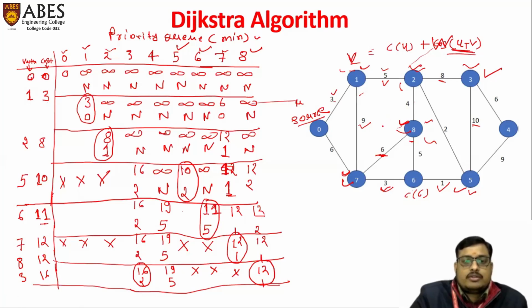So it will be the cost of 3 plus the weight from 3 to 4. We can see here the weight of 3, 4 is 6, and the cost of the vertex 3 is 16. So 16 plus 6 is 22, and we already have 19 here. So we'll not update this, and we'll select this one.